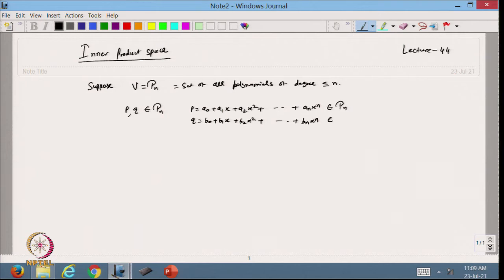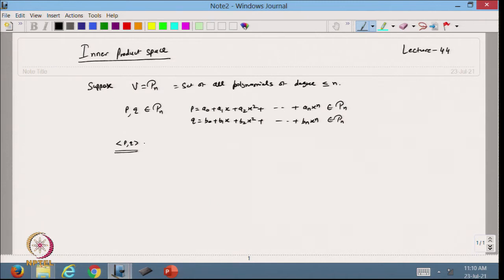That also belongs to Pn. Now, we want to find the inner product of p and q, because I want to say when p and q are orthogonal to each other, or I can normalize these polynomials. So, for this I need to define the inner product on the polynomials.